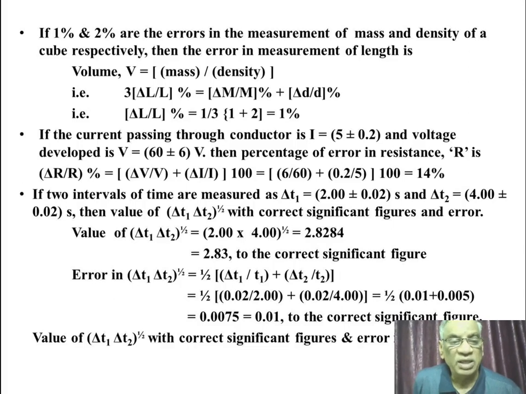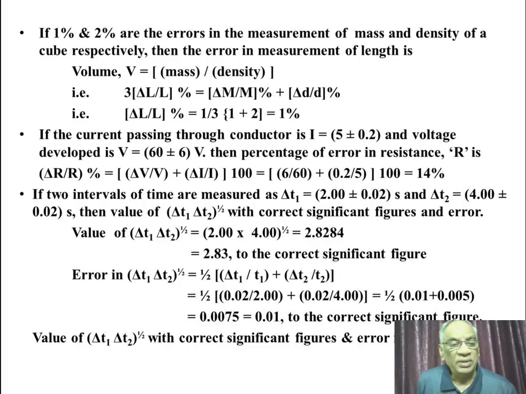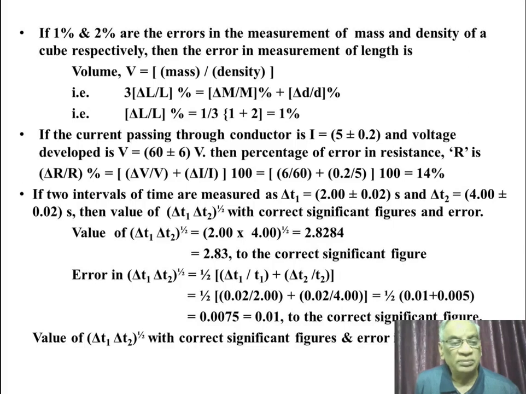So 6 by 60 for voltage, delta V is 6, V is 60. Similarly, delta I is 0.2 and I is 5. So delta R by R percentage is equal to 6 by 60 plus 0.2 by 5 into 100, that is 14%.